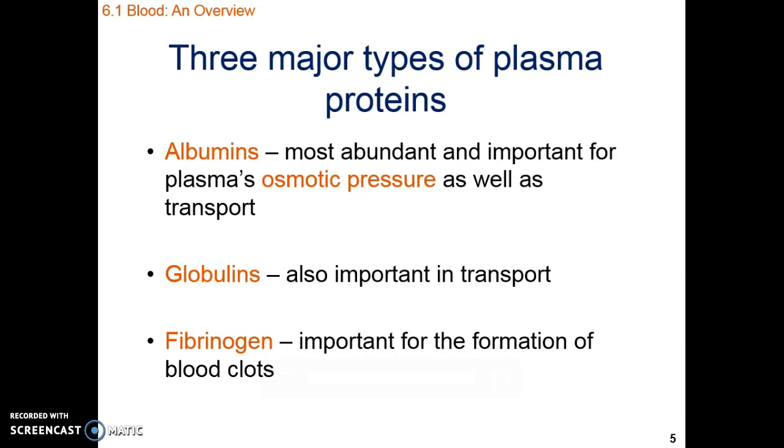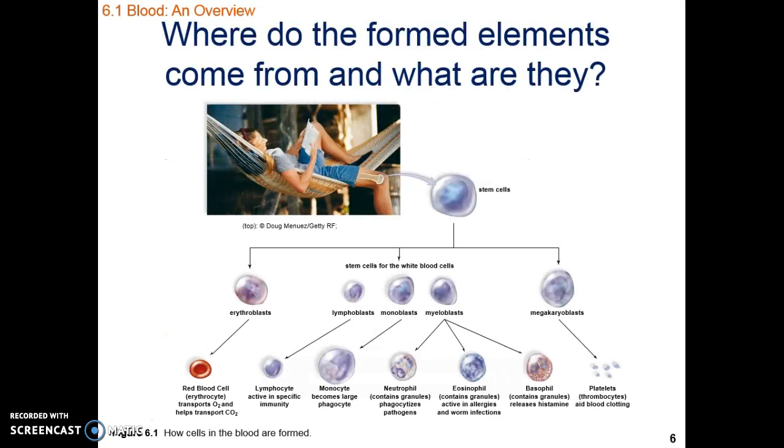And then there's the globulins. Those are the antibodies, which we will talk about in chapter 7 as being produced by plasma cells and helping to aid in defense. And then fibrinogen. Fibrinogen is a protein that is going to help in the process of platelets forming blood clots.